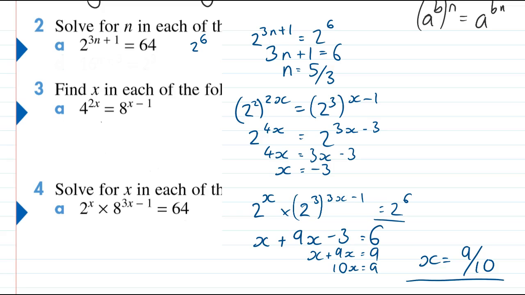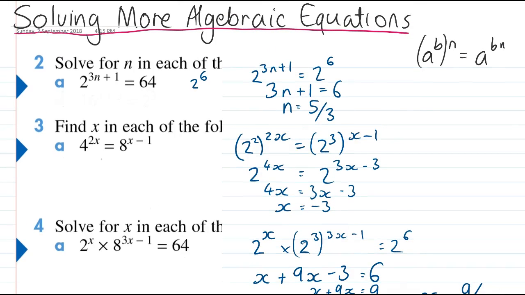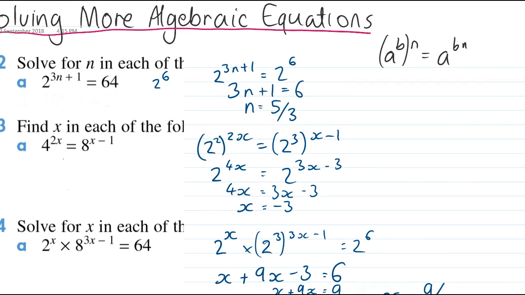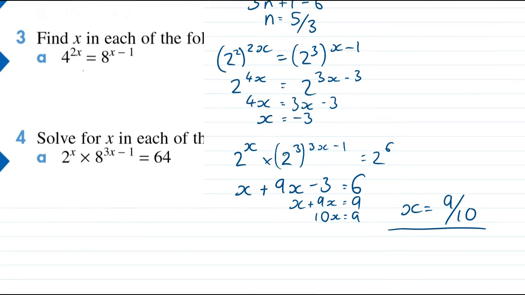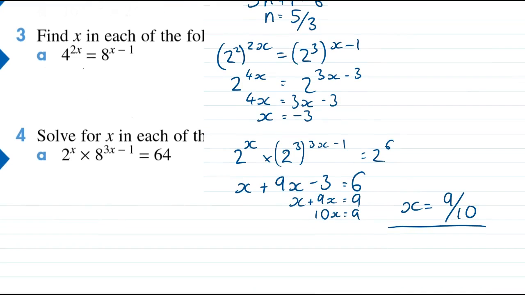Key things to remember here are that we can still follow that rule, which I've posted up the top, to find the indices. All the indices need to be in the same base before you can equate them. But once they're in the same base, you can equate away.